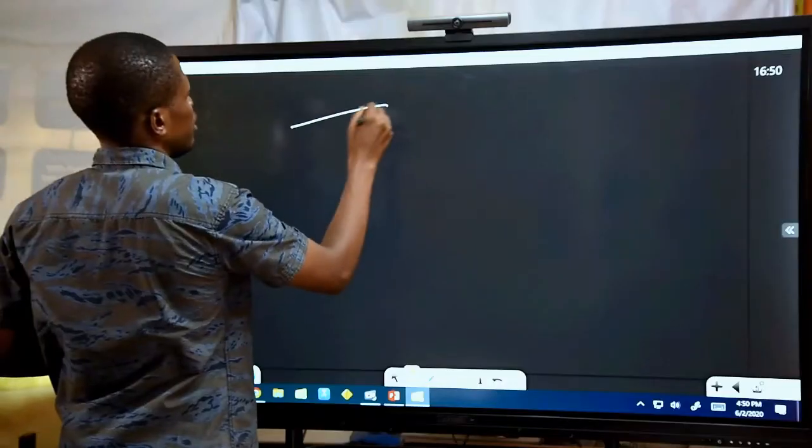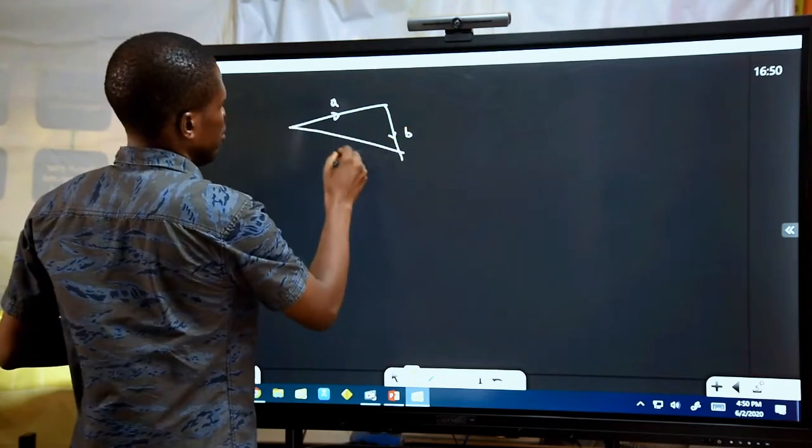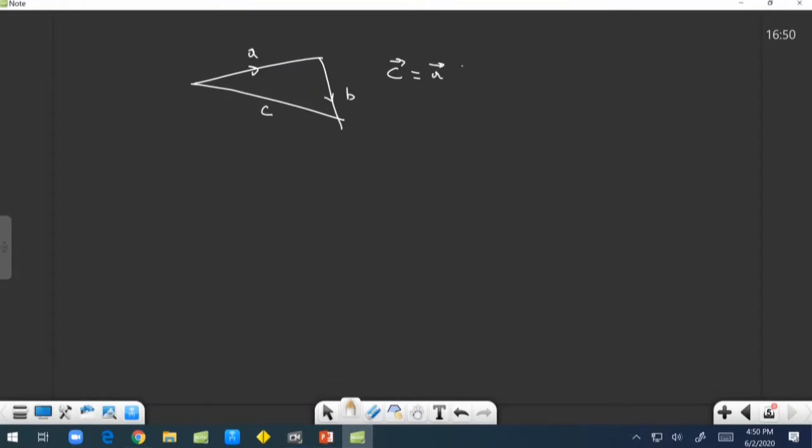We have vector A and another vector B. If the resultant vector is C, we can say that C is equal to A plus B. So vector A plus vector B will give us vector C. So vector C is the resultant vector of vector A and vector B.